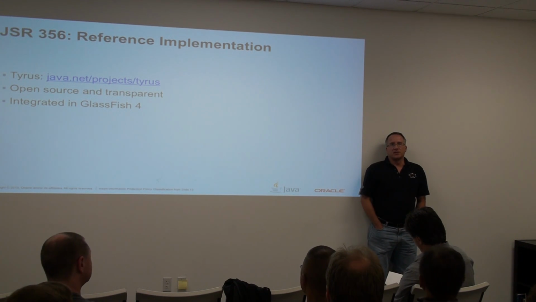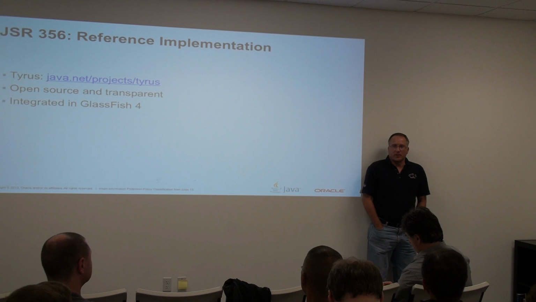So, for instance, you can do WebSockets over the Grizzly connector. So Grizzly is a project also on Java.net that basically is an NIO connection management framework, right? And it supports HTTP as well. But it's not a servlet container.